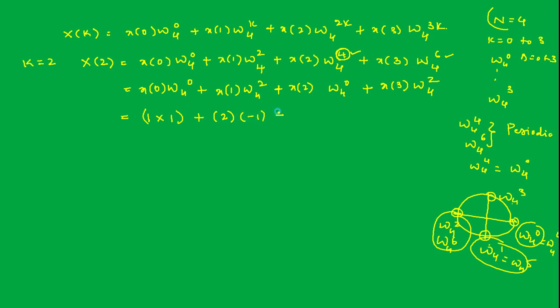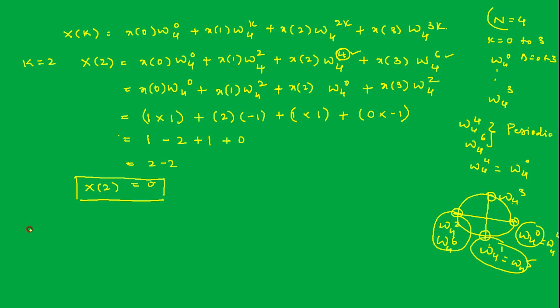Minus 1, plus x of 2 is 1 into W4 to the 0 is 1, plus x of 3 is 0, W4 to the 2 is minus 1. So 1, this is minus 2, this is plus 1, this is 0, right? So 2 minus 2 is equal to 0. What will you get? x of 2 is equal to 0.